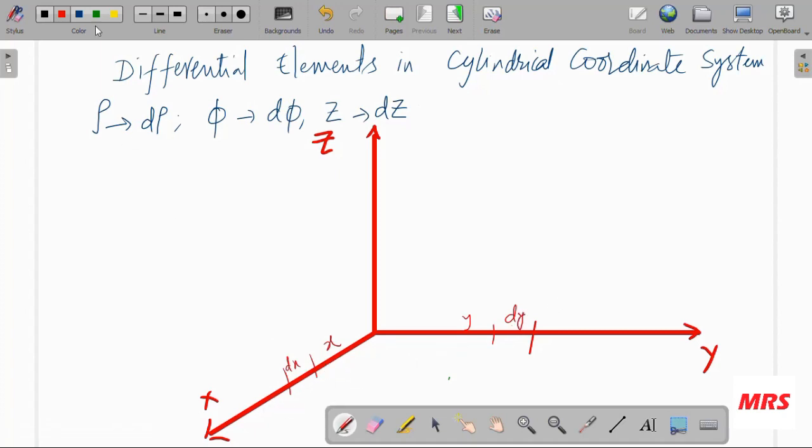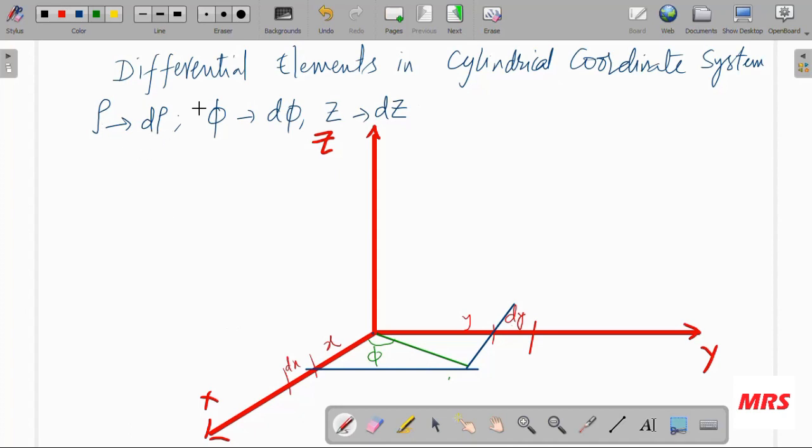The resultant of x and y, by constructing the parallelogram, is nothing but rho. So this is rho, and this rho is making an angle of phi with respect to the x-axis.